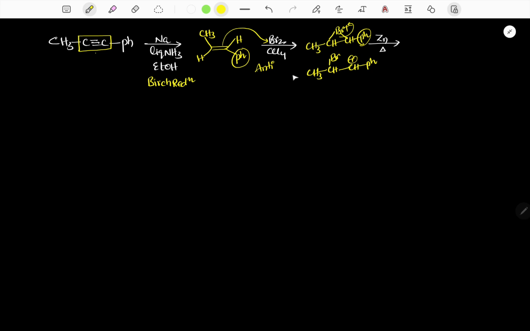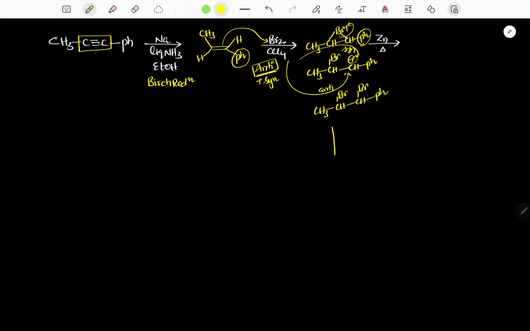Now here Br minus attacks from the Br2, both from above the plane and from below the plane. Suppose it is a syn addition type and it is an anti-addition. So because of formation of C plus, syn plus anti both are possible, but anti-addition dominates. That's why we get the corresponding product finally.